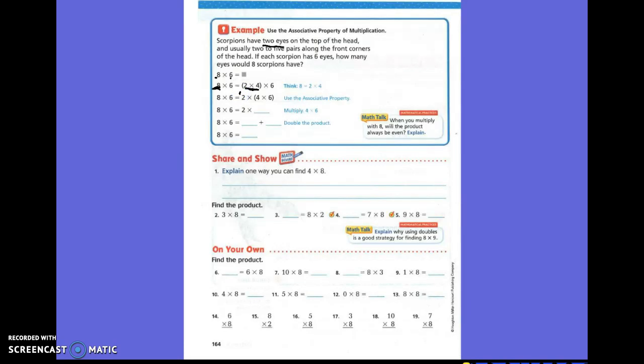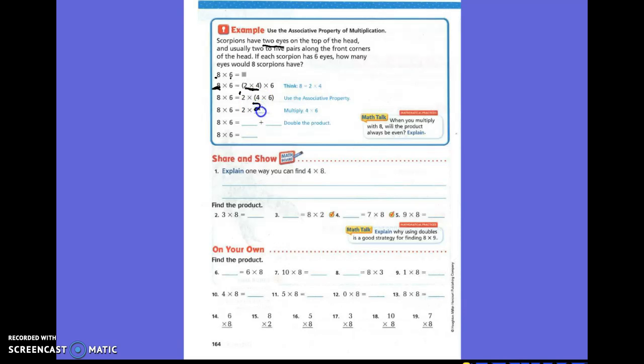So then they're doing 2 times 4 times 6. Then you can use the associative property. Instead of 2 times 4, group 4 times 6 instead. What is 4 sixes? 24.